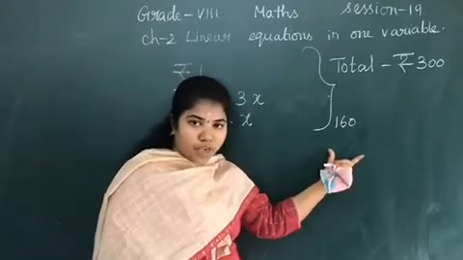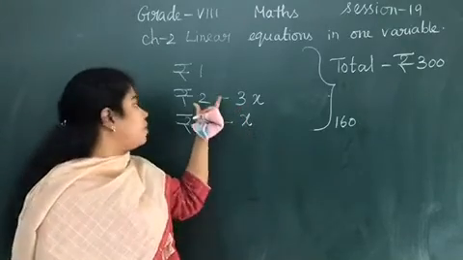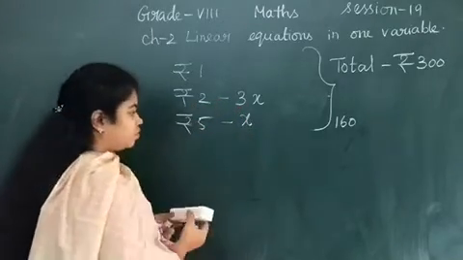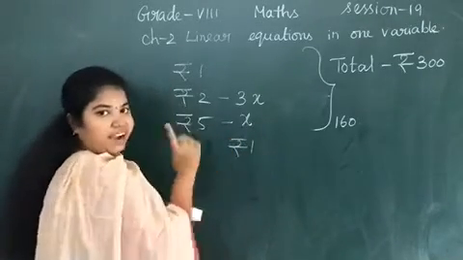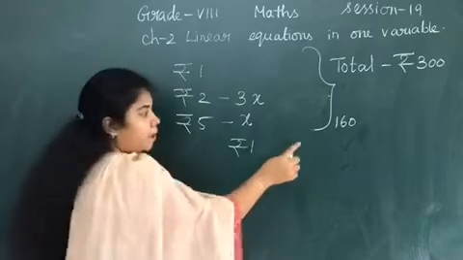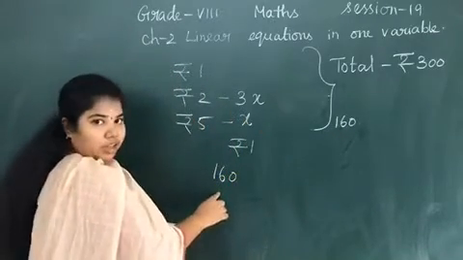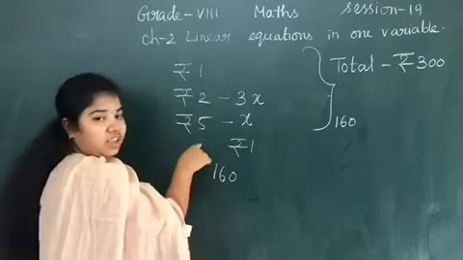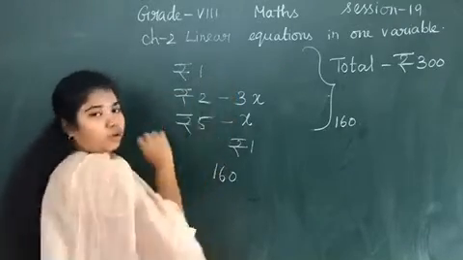From the total number of coins, I take away 3x plus x, which means rupees 2 plus rupees 5, and I will get the rupees 1 coins. I don't have any hint for rupees 1, but I know the total number of coins. If I add these two and subtract from the total number of coins, I will be getting the rupees 1 coins.